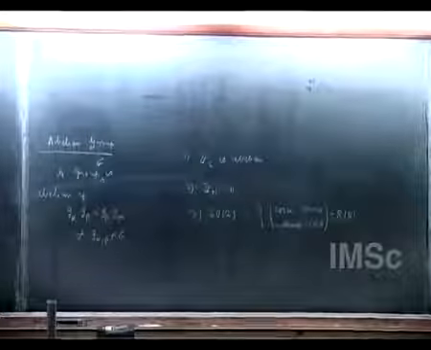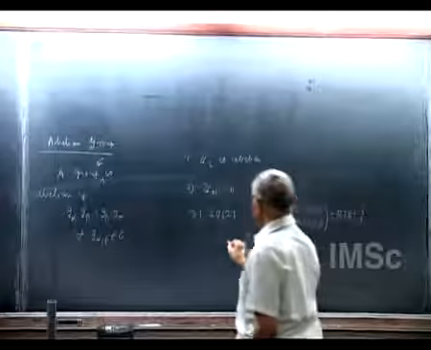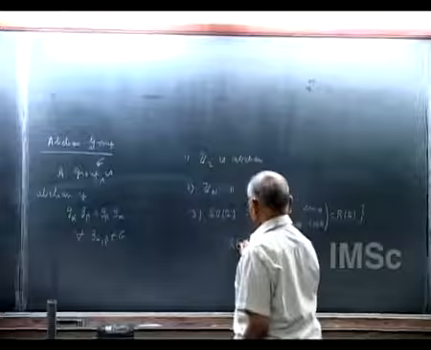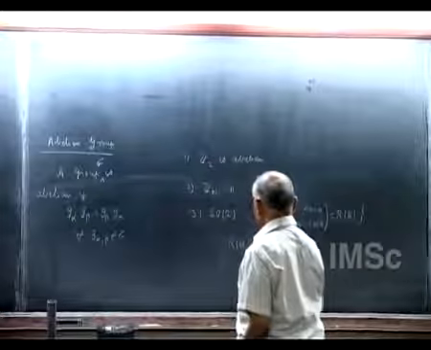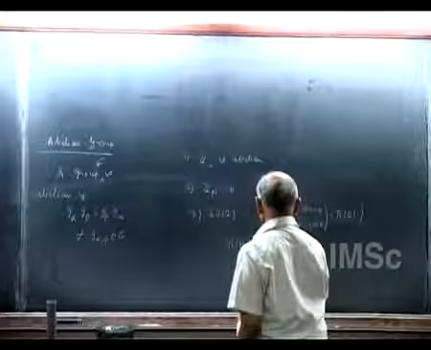So, it is just rotations in a plane. Here the group law is r of theta 1, r of theta 2 is r of theta 1 plus theta 2.